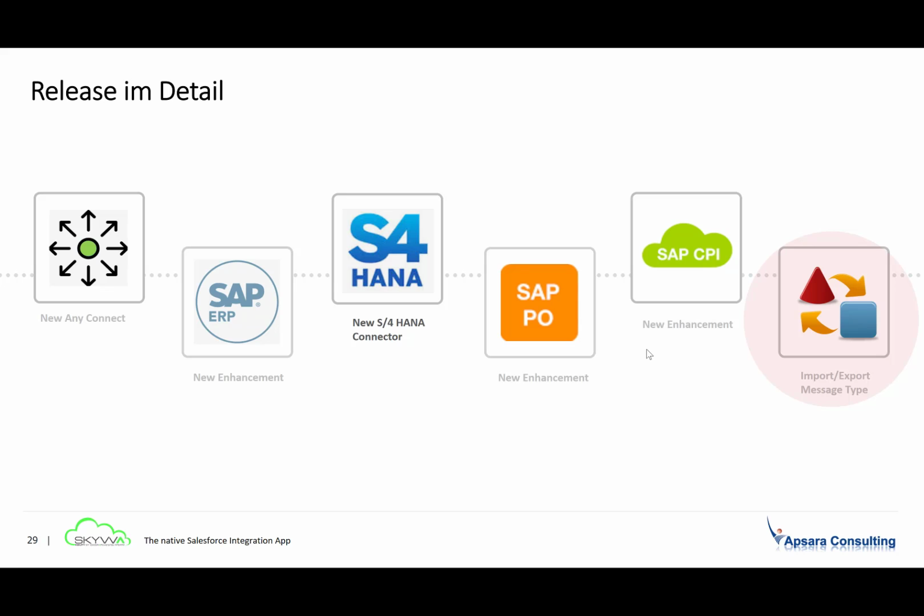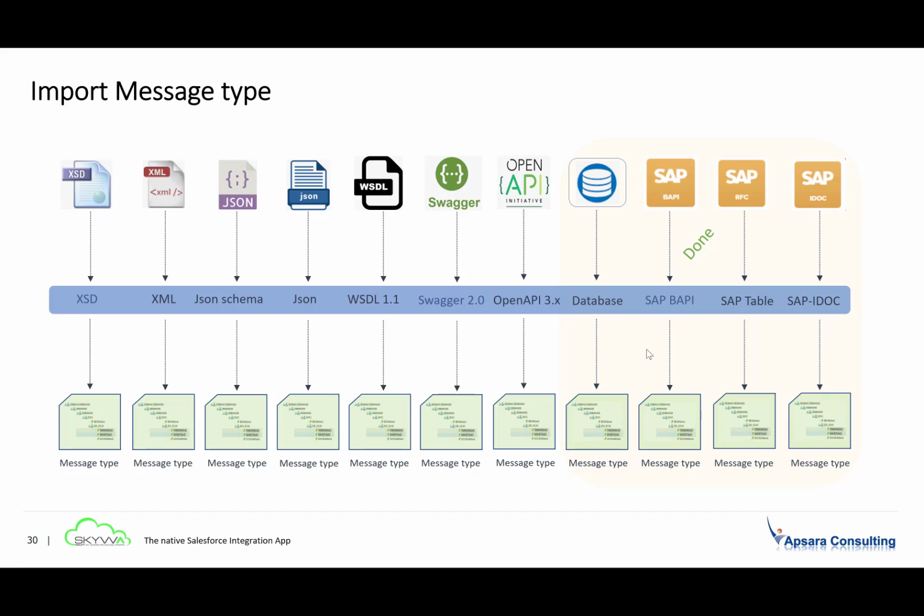Okay, so now let's move to the last point that we have enhanced here. In the early version we already supported different data file describing formats, like XSD and XML, so that you can create a message type, and the message type is needed to map the data, to transform data from Salesforce to the external application, or from the external application to Salesforce.